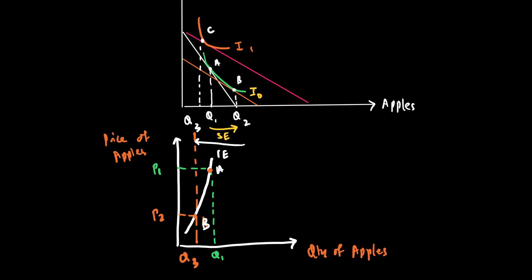But because the income effect is small, the substitution effect outweighs the income effect, and that's why the demand curve is downward sloping. But in the case of Giffen goods, the substitution effect is less powerful than the income effect. The income effect ends up outweighing the substitution effect, and that's why we have an upward sloping demand for Giffen goods.